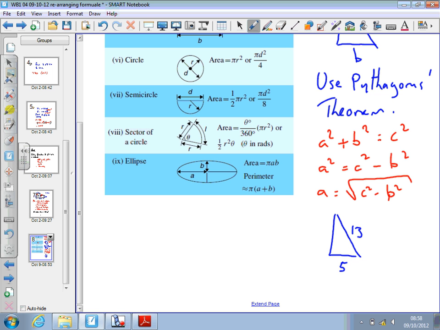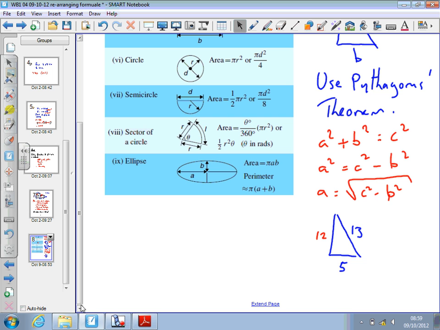So hit the square root button and then put C squared, which is 13 squared, minus 5 squared, and then hit OK, and you should get the answer straight off. You should get 12. Yes, Lee? Good.